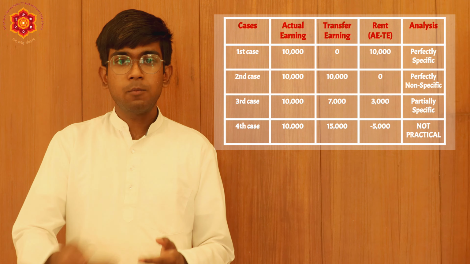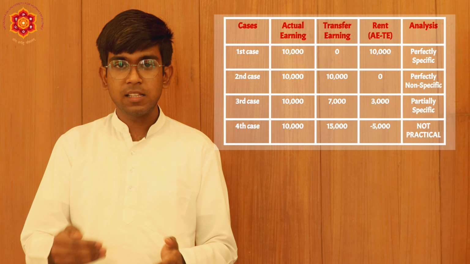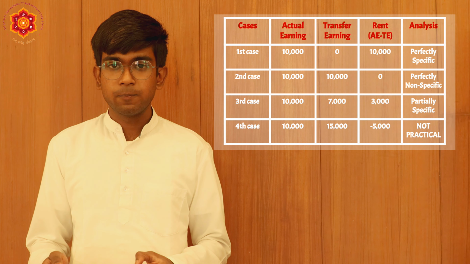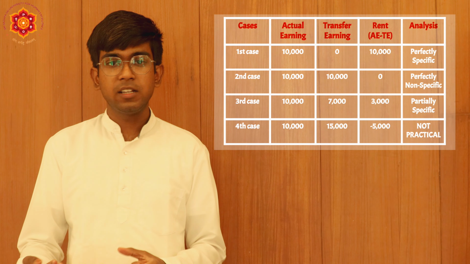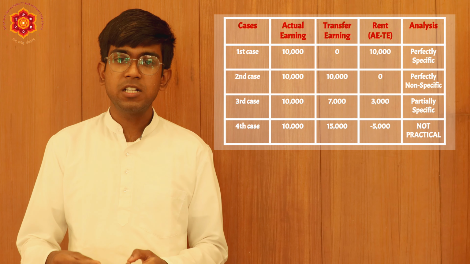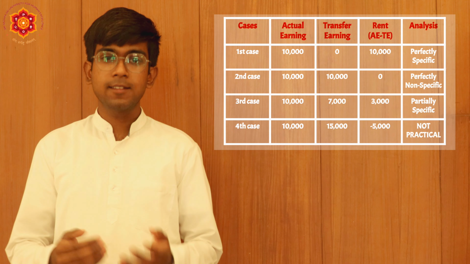Then we come to the third case, in which the actual earning is 10,000 and the transfer earning is 7,000, which means the rent is 3,000. Hence, this is an example of a partially specific factor of production.